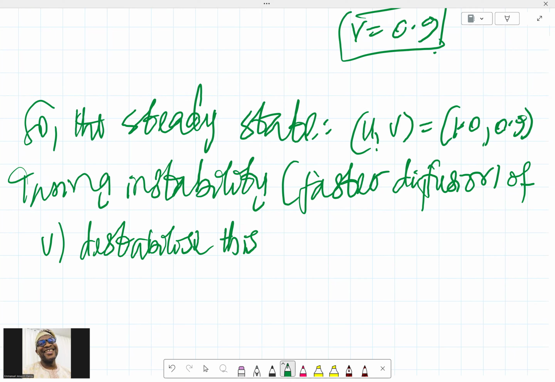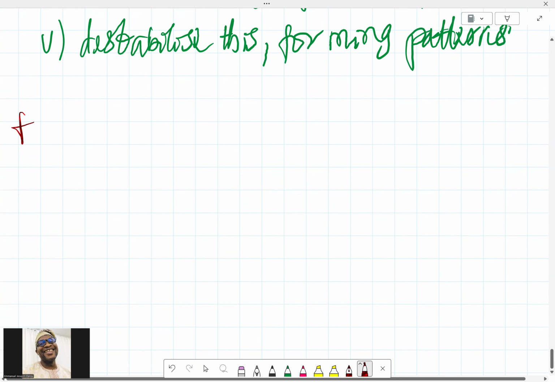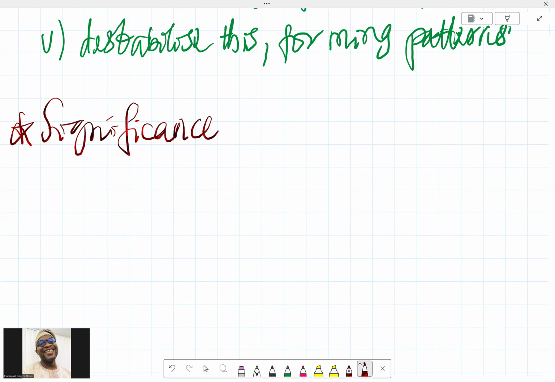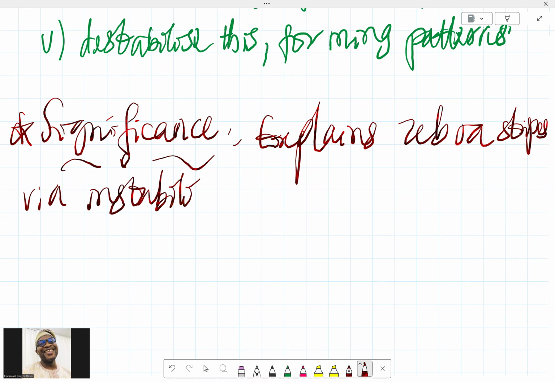So Turing instability destabilizes this, forming patterns like that. So what's the significance of this story? This explains zebra stripes via instability of the uniform state.